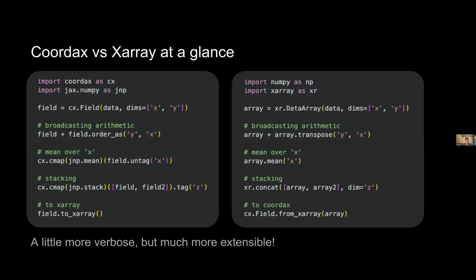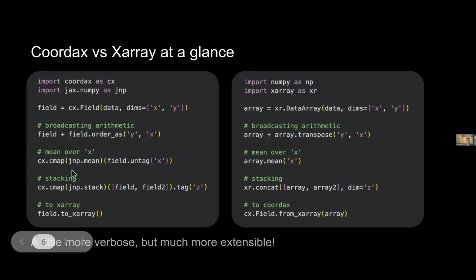There's a lot of stuff that's similar in Coordax and Xarray. They both have broadcasting arithmetic, and a handful of built-in operations for reordering dimensions. Now, if you want to implement other functionality, we've implemented very little in Coordax, which I think is one of the interesting things about the project. For mean, for example, it's just cmap mean.